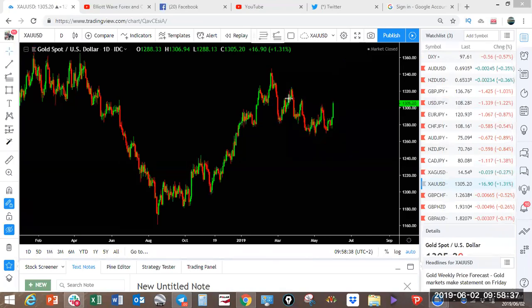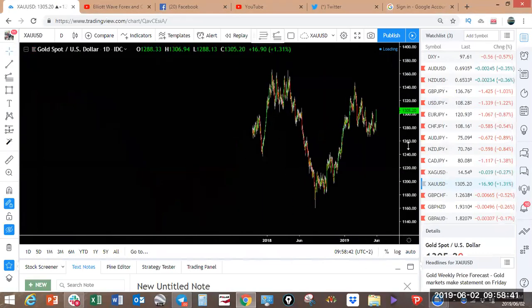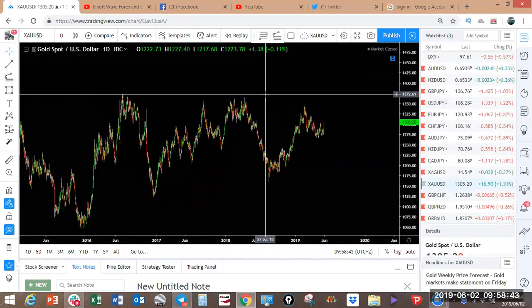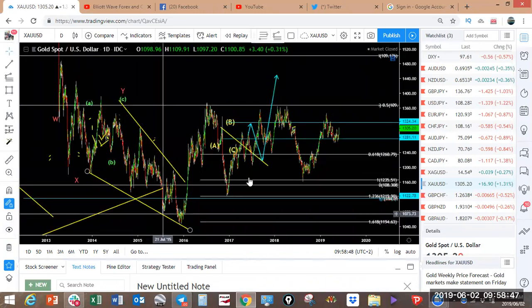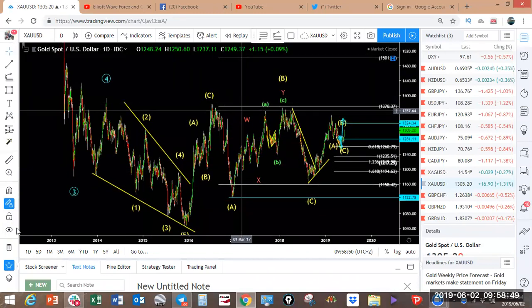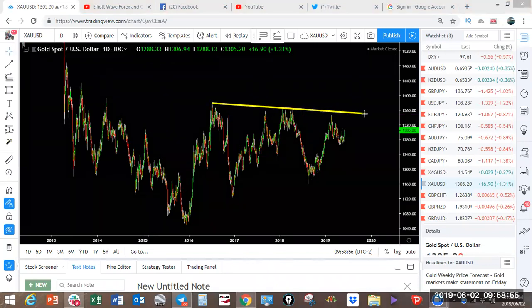Now, what is happening in the higher degree on gold? Let's have a look. If you remember, we've been looking at a possibility for a triangle, and I said that according to the rules, you need to apply the rules. This triangle can be disqualified, because you cannot have more than 2 impulses within a triangle.